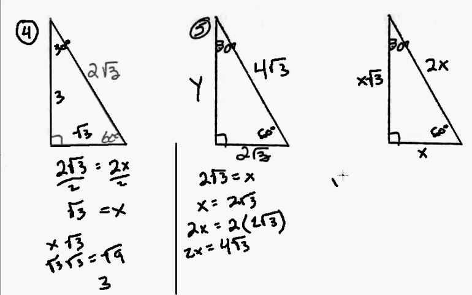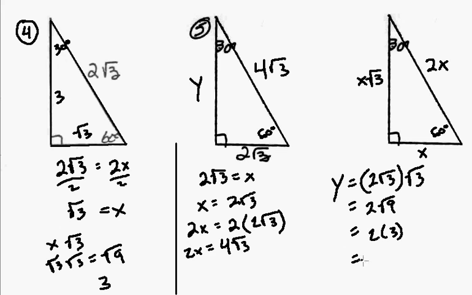We'll go y. So y is equal to 2 square root of 3 times the square root of 3, which is equal to 2 times the square root of 9, which is 2 times 3, which is 6. So this side then would be 6. There's 4 and 5.